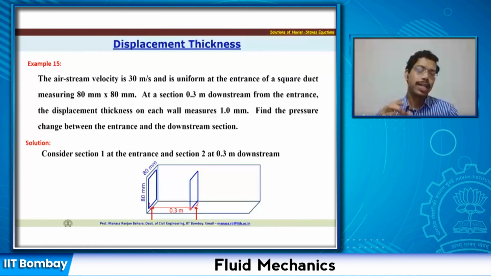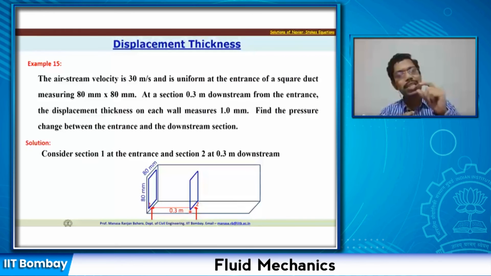And we have already seen, assuming that there is no velocity variation within the boundary layer, we can take that there is an apparent increase in the thickness. So at this point the area has reduced, the thickness of the plate has increased, so the area that is available for the flow has been squeezed. And how much has it been squeezed?